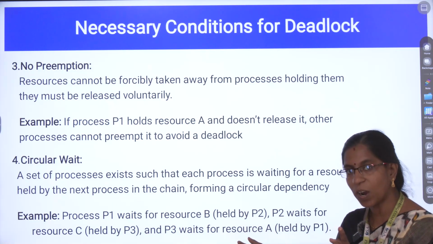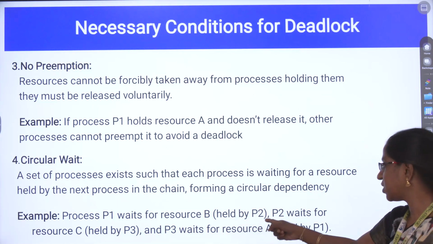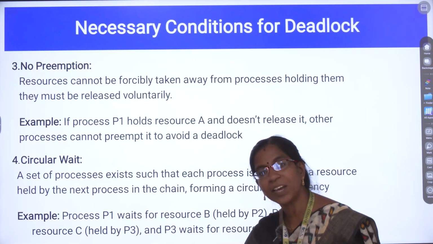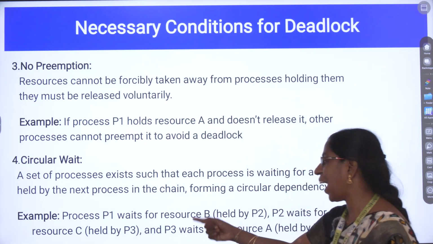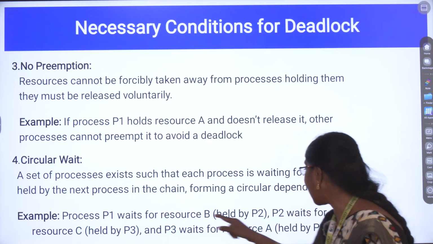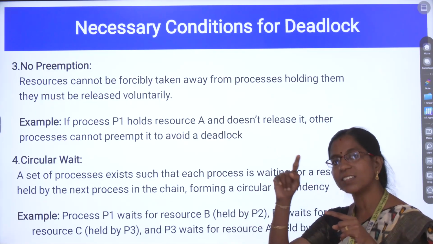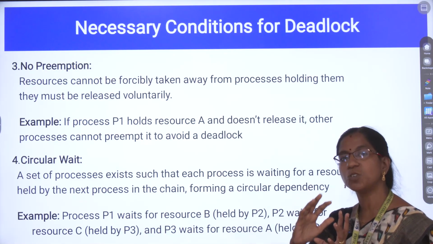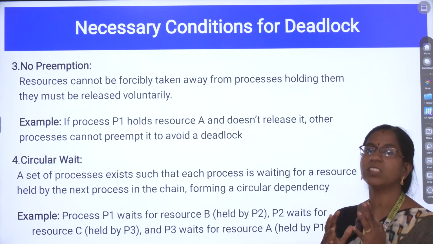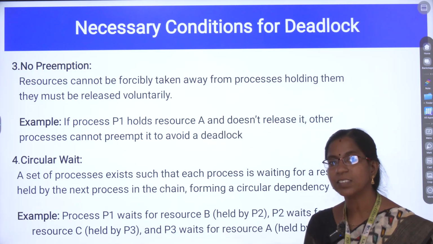If P1 waits for resource B held by P2, P2 waits for resource C held by P3, and P3 waits for resource A held by P1, then P1, P2 and P3 are in a cycle, each dependent on the others' resources. All three processes are waiting for resources. This is called circular wait.